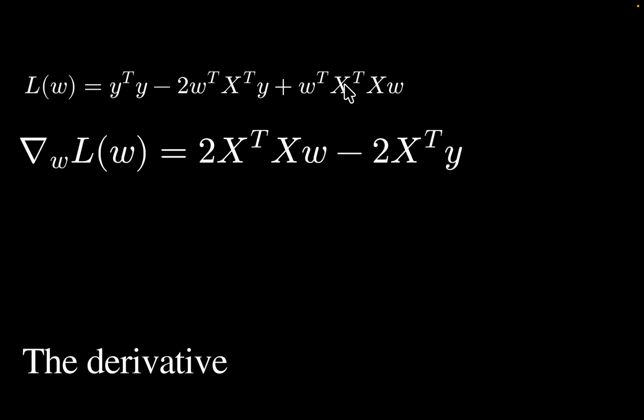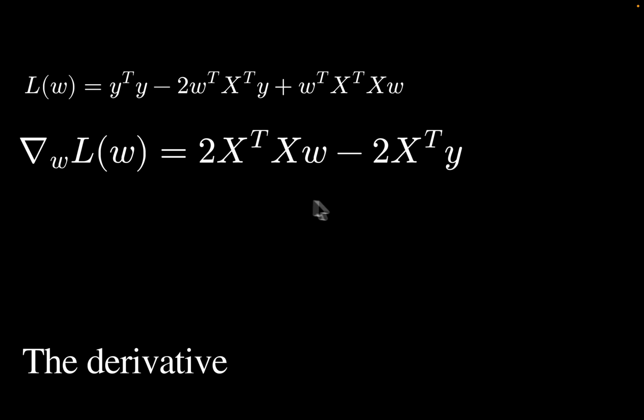We consider x transposed x as just A, so w transposed A w, and the formula says that its derivative equals A plus A transposed, times w. Notice that x transposed x is the same when transposed. It's a constant, some kind of value. So we see that it equals 2 x transposed x w.